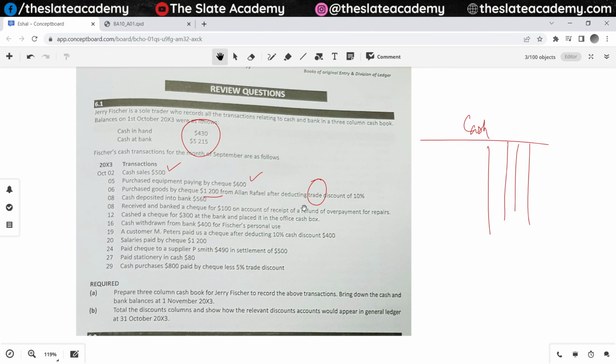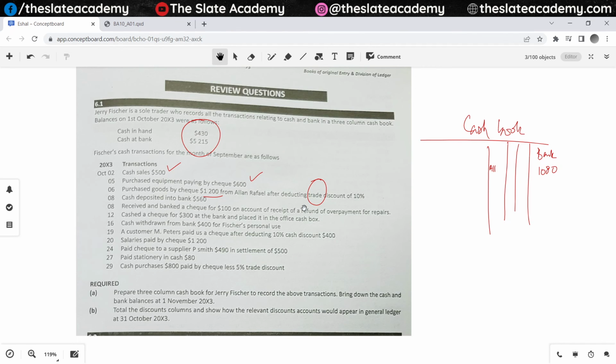Cash book, the bank column. We are paying by check, right? And in the bank column, we would note this transaction. 1200 minus 120 would be 1080.